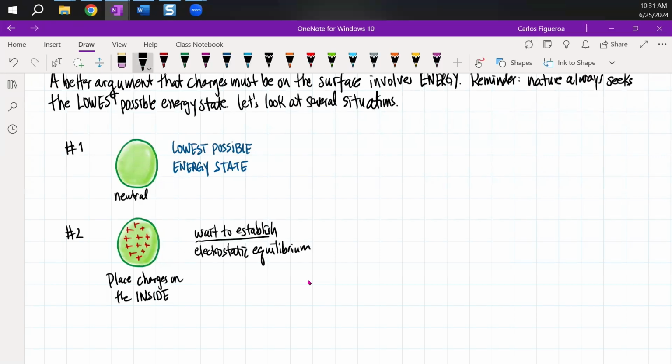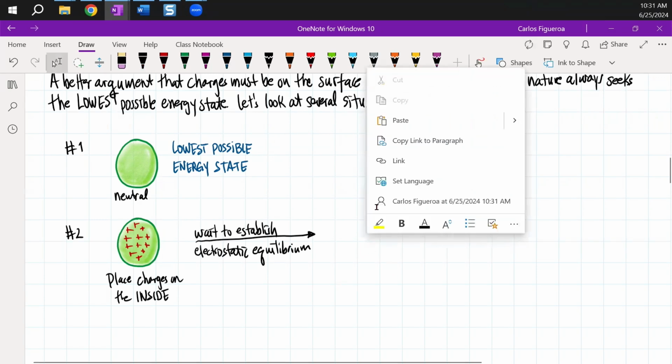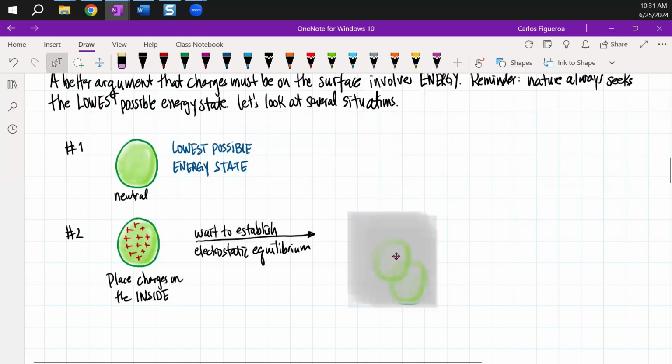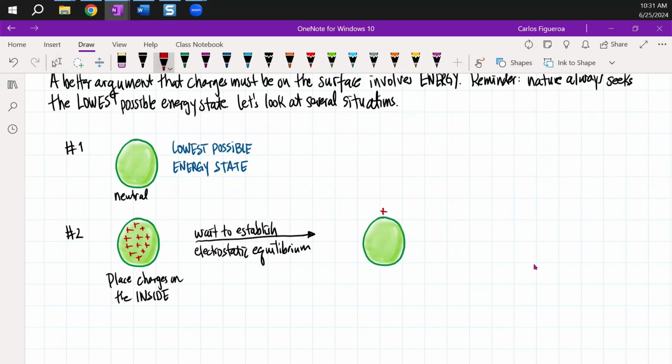And when I allow this to happen, by the way, this happens very, very fast. Then what I'm going to see here is that in electrostatic equilibrium, all of the charges have now repelled to the surface.